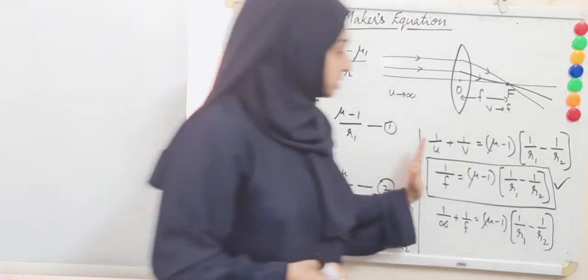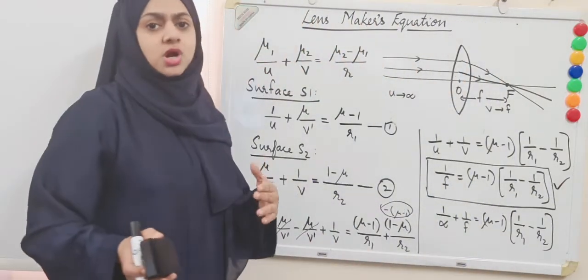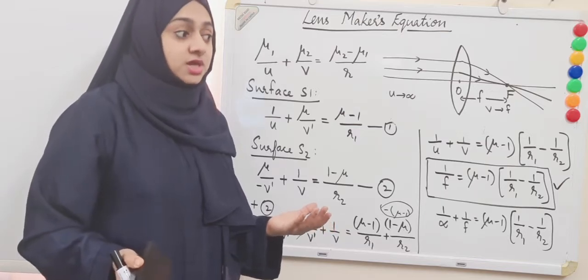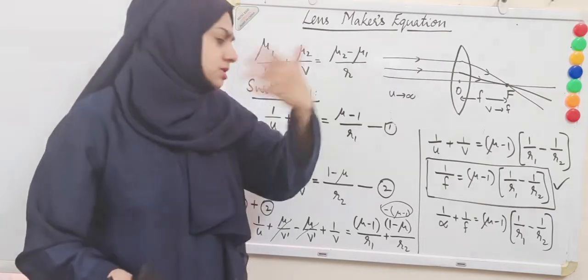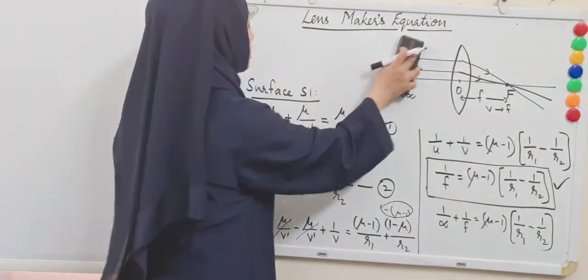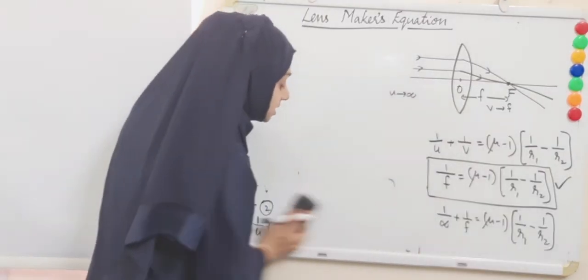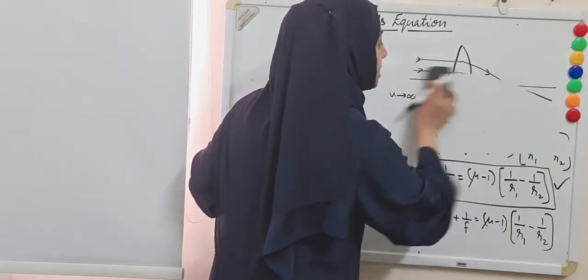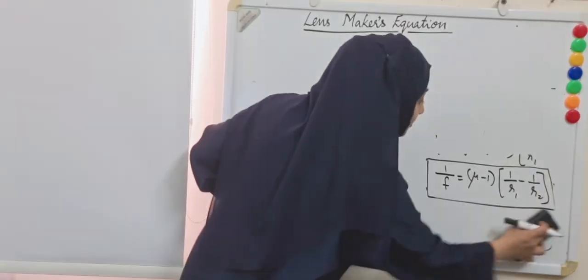Now, I will also use this equation to find what will happen to the focal length of a lens when we keep it in water, glass, or some other medium other than air. So how the focal length will change when the lens is kept in a different medium. So here we consider the lens kept in air, right?